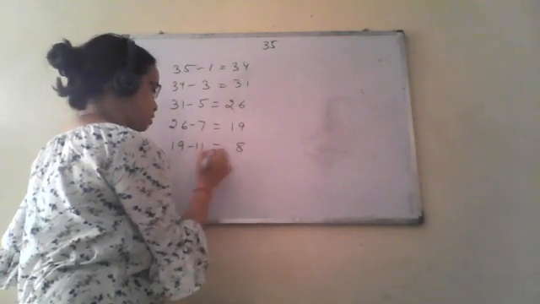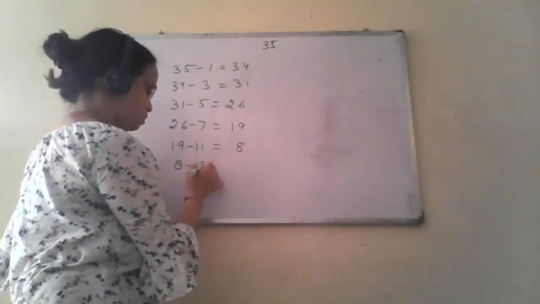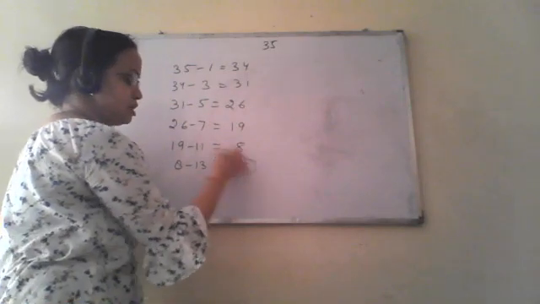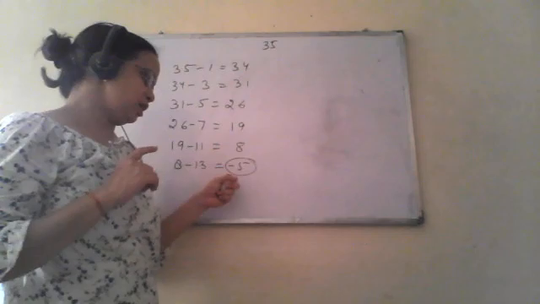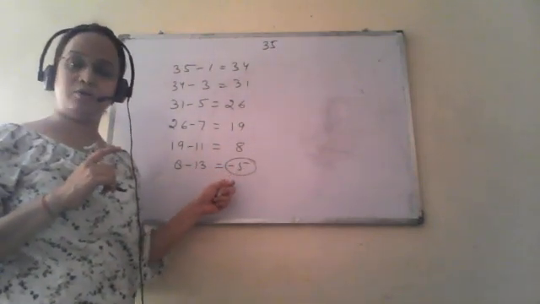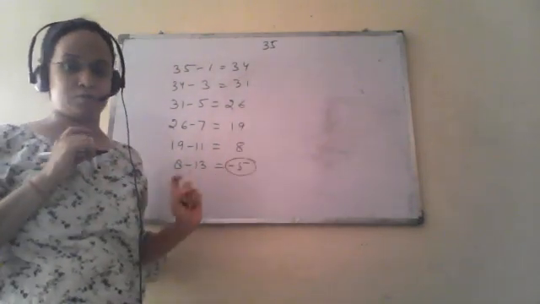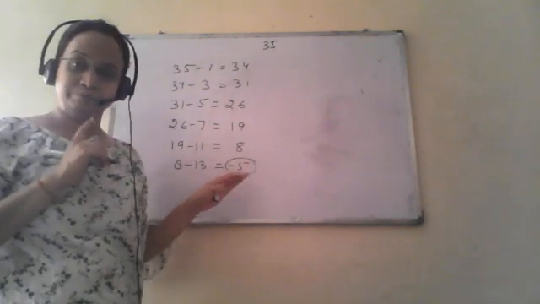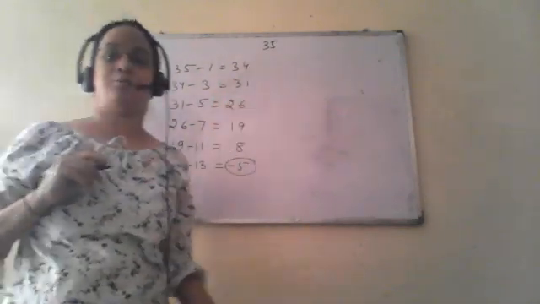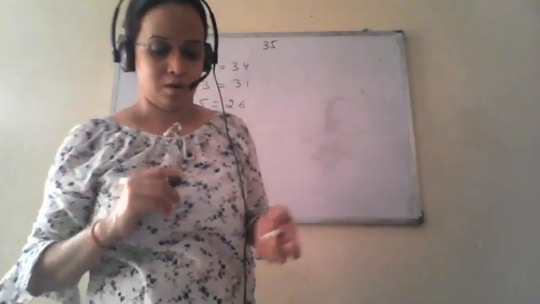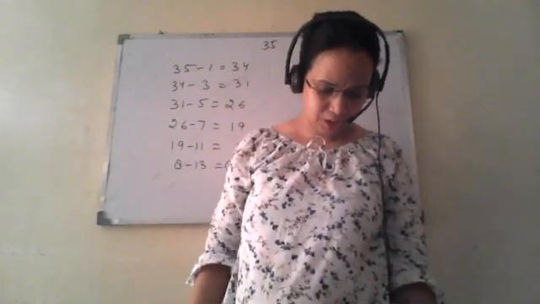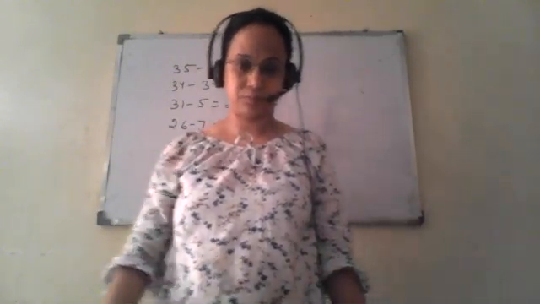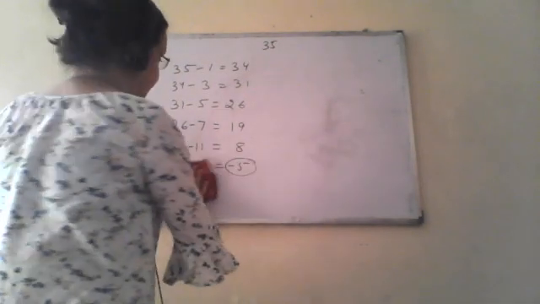This is 10. From 10 we have to subtract 11. It will come minus 1. This negative number we cannot take, because we have to take positive integers. Instead, it would have to come 0 so that it can be a perfect square. Now it is not coming 0. So 35 cannot be expressed as the sum of successive odd numbers. So this 35 is not a perfect square. Okay, clear this thing.